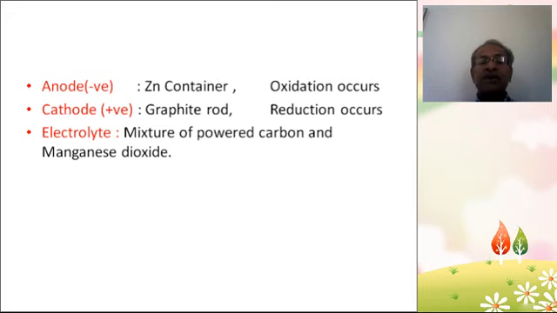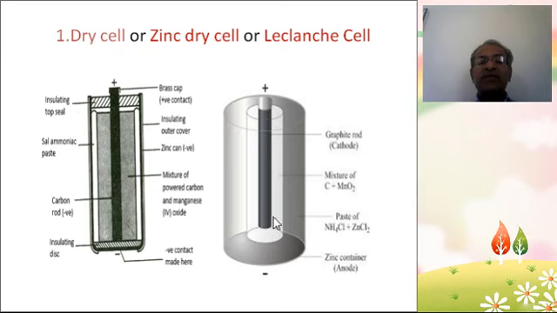Let us see the diagram of the Leclanche cell now. So this is the diagram of the dry cell or the Leclanche cell. Actually, this is the positive pole of the Leclanche cell, and this is the negative pole of the dry cell.